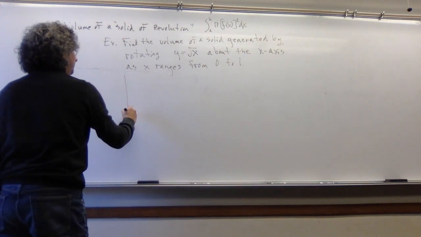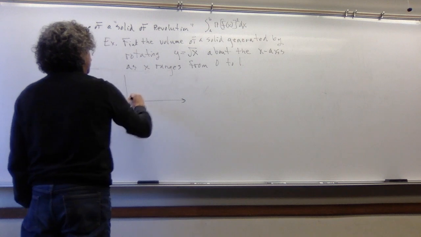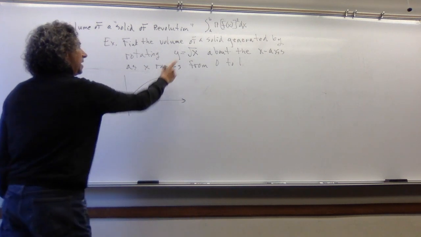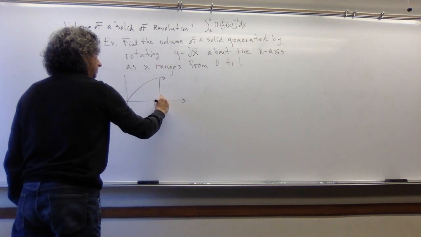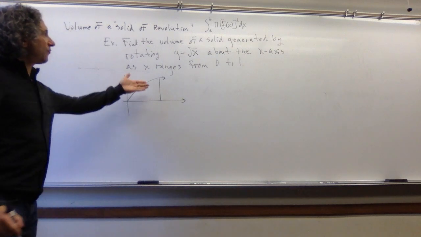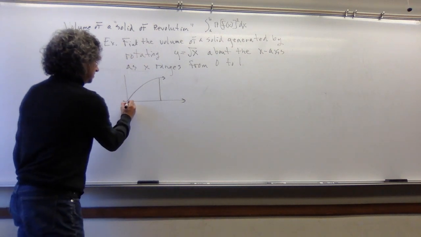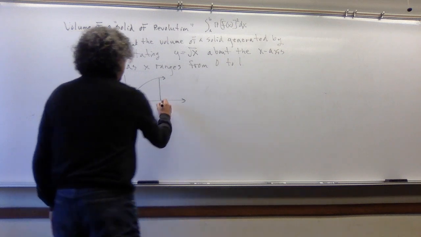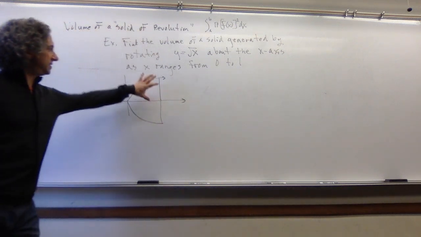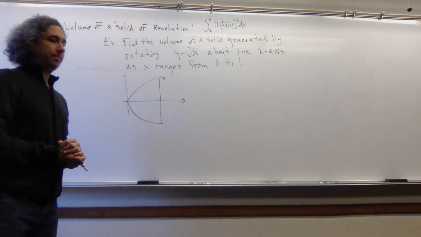Right, so hopefully what you did is you first sketched this. We have the square root of x. X is going from 0 to 1. And we're rotating about the x-axis. On the other side, it'll look like this. And we have this bowl type shape.